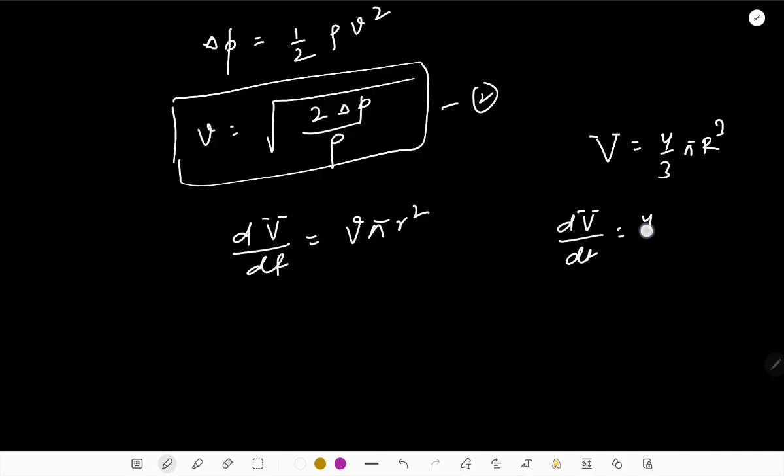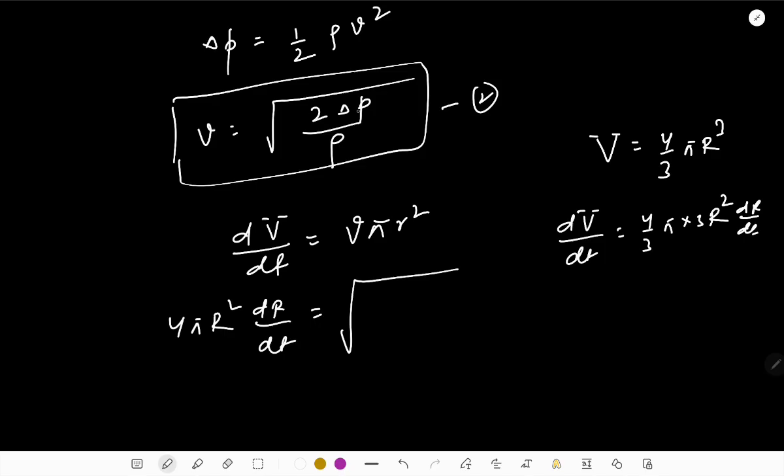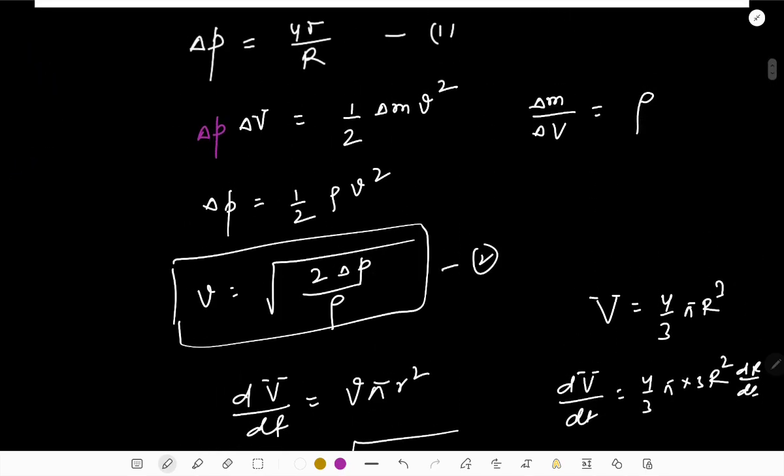You can simply write here 4 by 3 pi multiplied by 3 r square dr upon dt. So the left hand side is simply 4 pi r square dr by dt, and on the right hand side, the value of v is root of 2 delta P by rho, and delta P is 4 sigma by r.